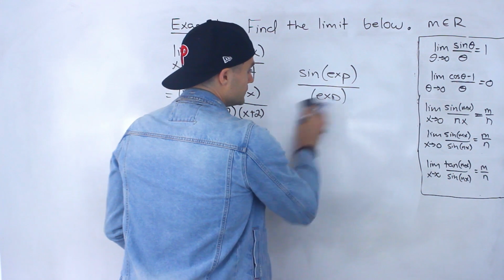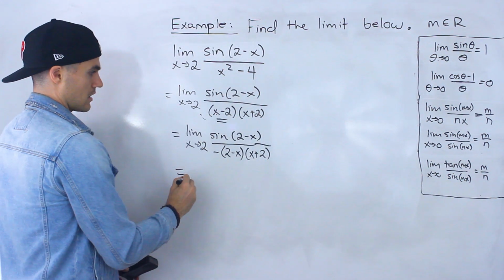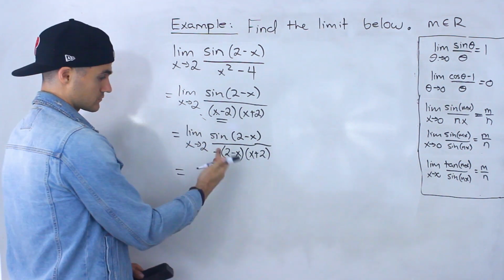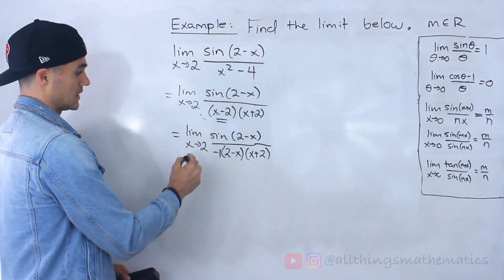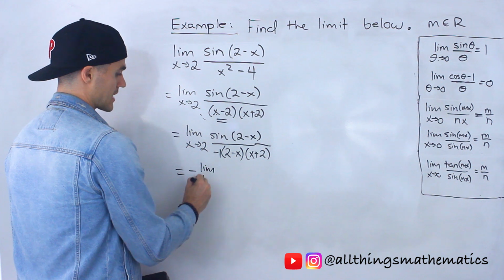Now I'm going to use a couple of limit laws. Number one, there's a negative 1 here, and I'm going to factor that out of the whole limit, since it's just a constant. So we'll have a negative 1 in front, and the limit as x approaches 2.